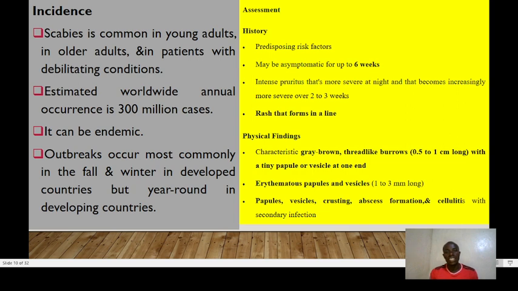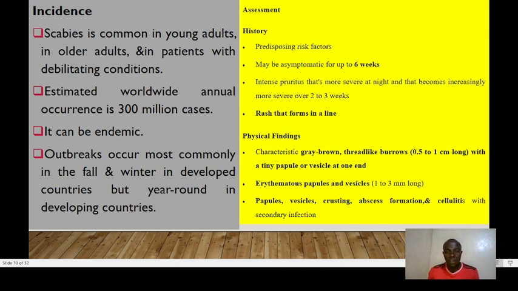When you are assessing this patient, you're supposed to look at the history, where you try to elicit the predisposing risk factors. Sometimes you may find the patients are asymptomatic for up to 6 weeks, but you could get reports of intense pruritus that is more severe at night and becomes increasingly severe over 2 to 3 weeks. A rash that forms in a line could also be one of the striking features.